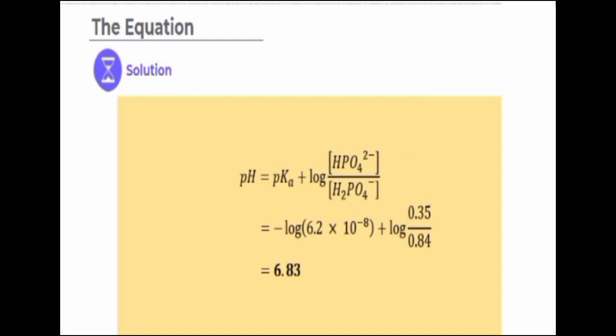The pH can be calculated using the Henderson-Hasselbalch equation. To convert Ka to pKa, we need to take the negative logarithm of the Ka. Adding the pKa to the logarithm of the quantity, hydrogen phosphate ion concentration divided by dihydrogen phosphate ion concentration, gives us pH equals 6.83.